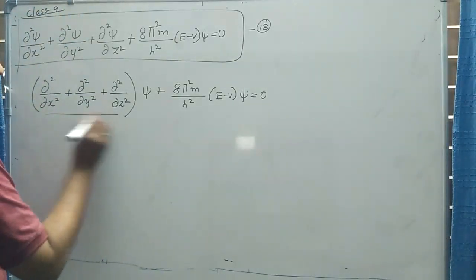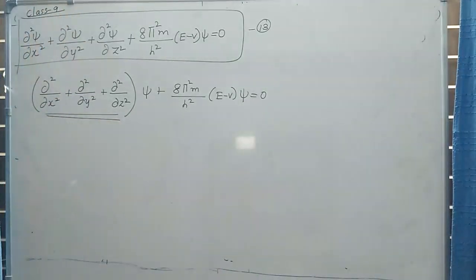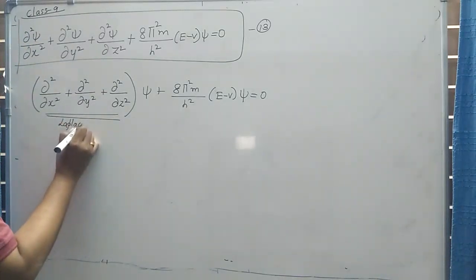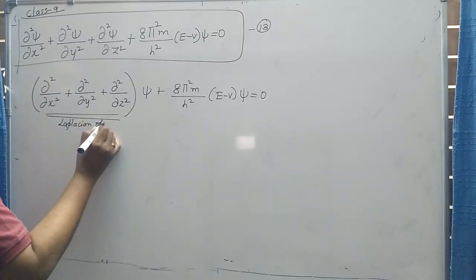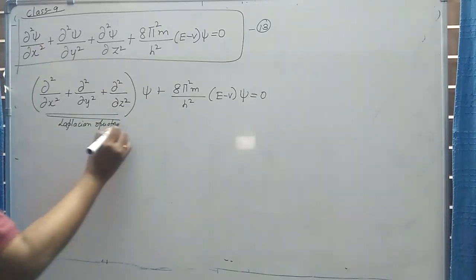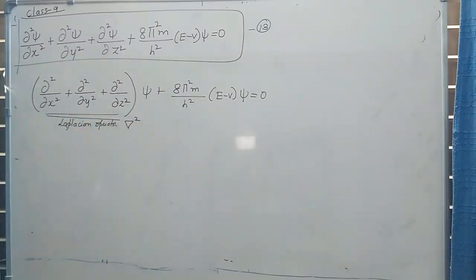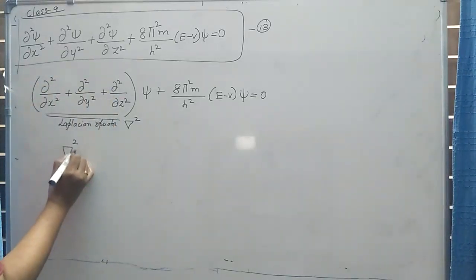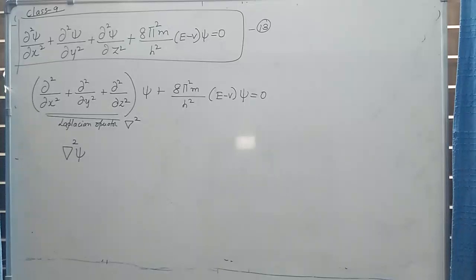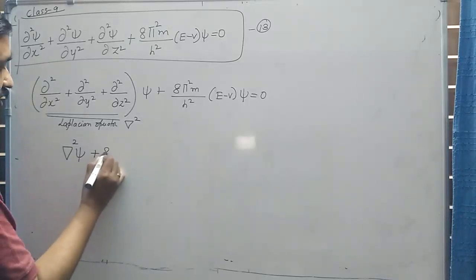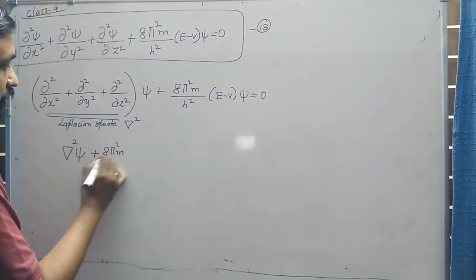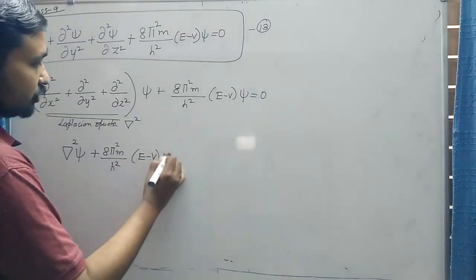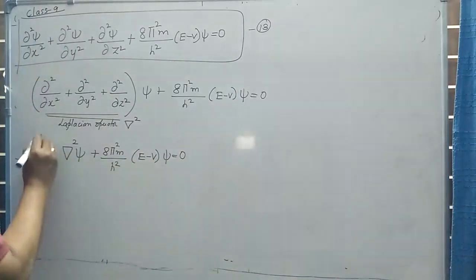What is this term? This is a well-known operator called the Laplacian operator. This is nothing but the Laplacian operator in 3 dimensions, which is represented as del square. So this can be simply written as del square psi plus 8 pi square m divided by h square into E minus V into psi is equal to 0.